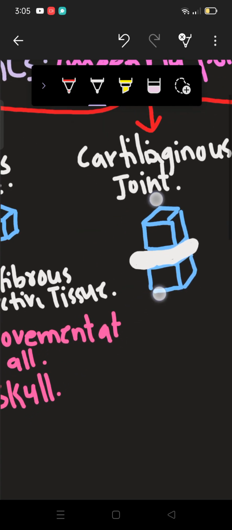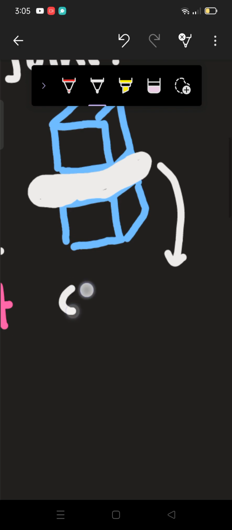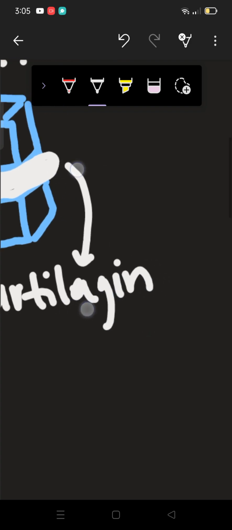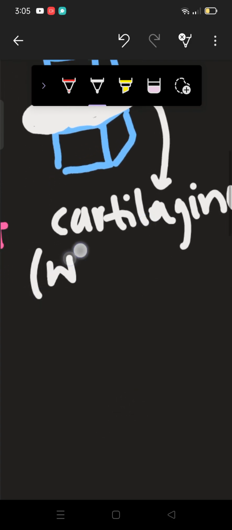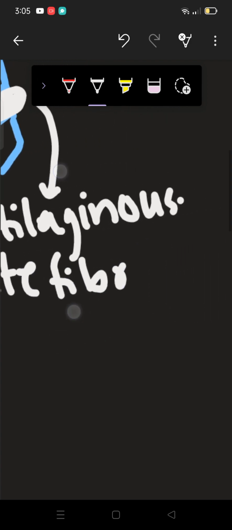And this is the cartilaginous, or this is also known as white fibrous cartilage. As you can see, I have made that with white color.